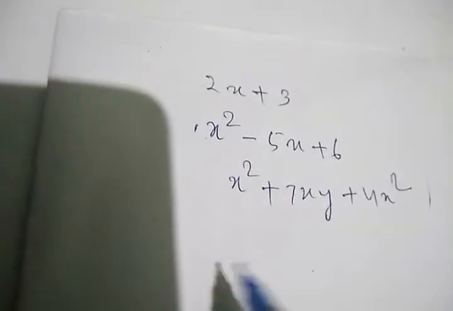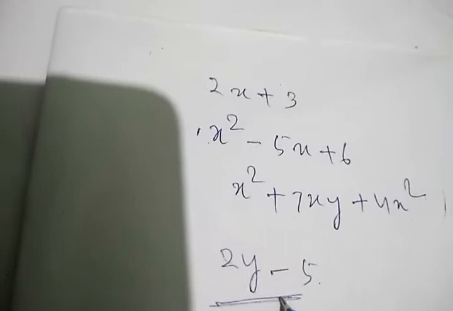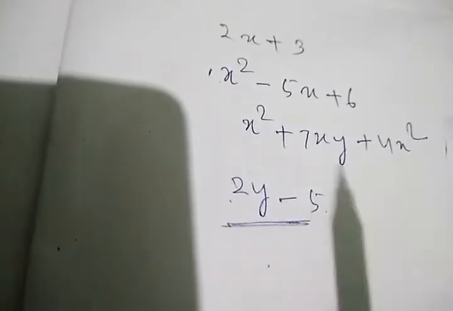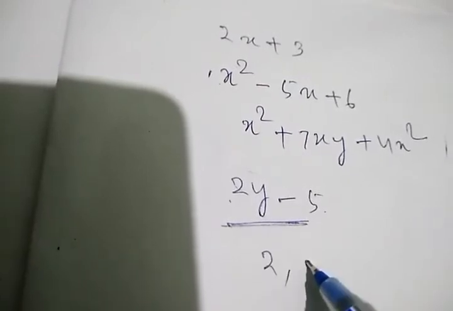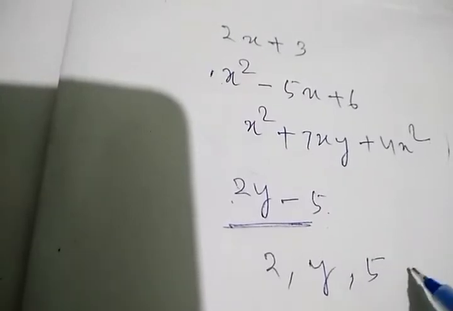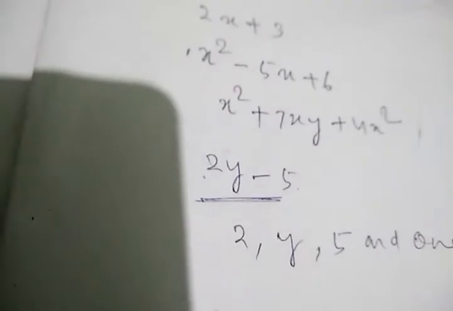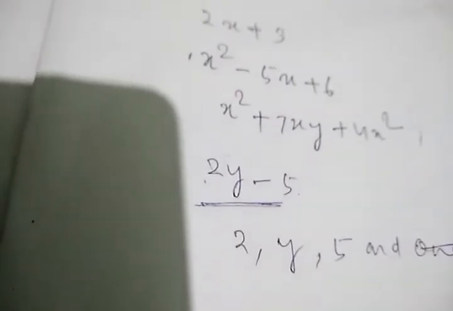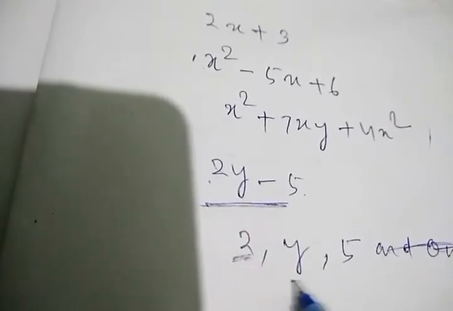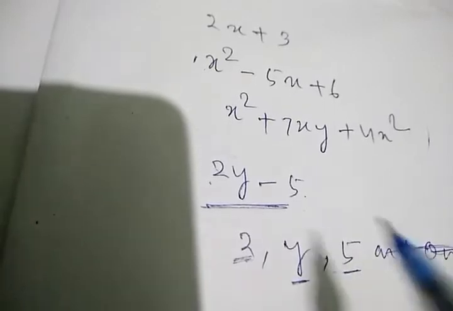Let us consider one algebraic expression, 2y minus 5. First of all, we must know it is a combination of 2y, 5 and one mathematical operation. So here 2 is called the constant, y is called the variable, and 5 is called the constant.